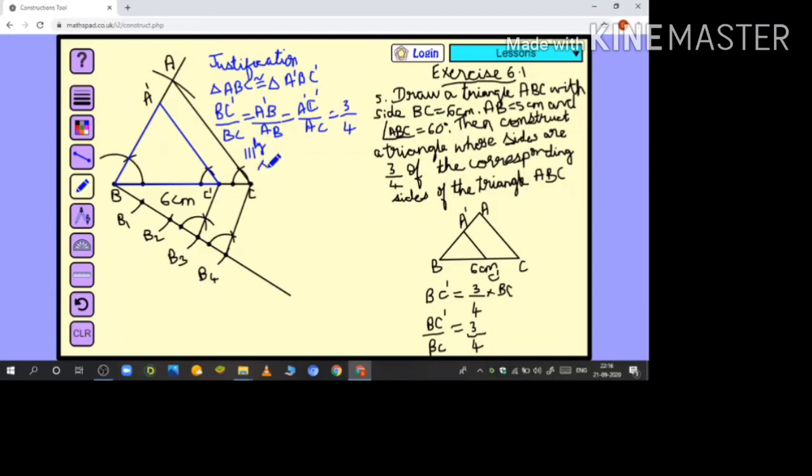Similarly, triangle B B3 C dash is similar to triangle B B4 C. According to the basic proportionality theorem, we have BC dash divided by BC is equal to B B3 divided by B B4 is equal to 3 by 4.